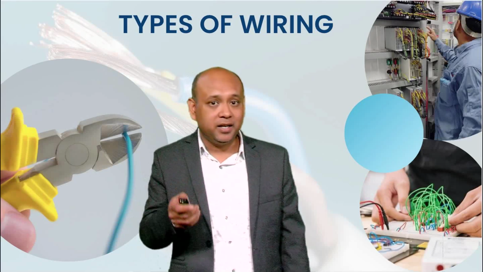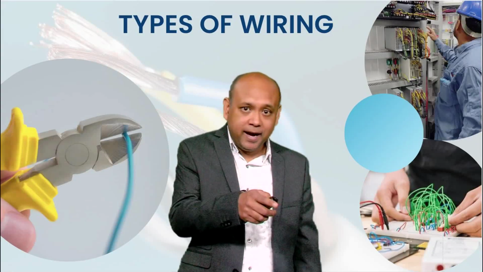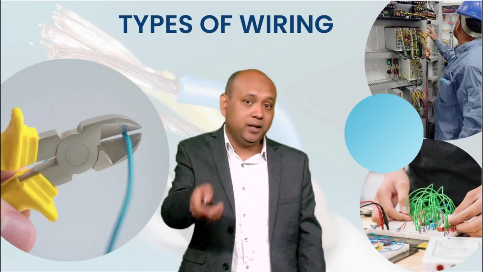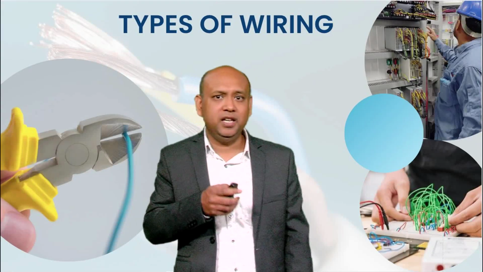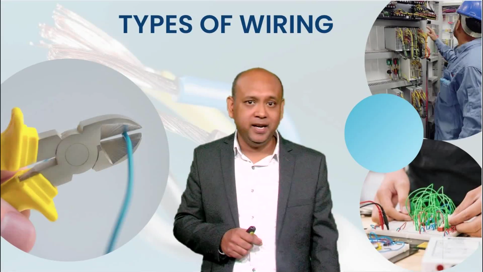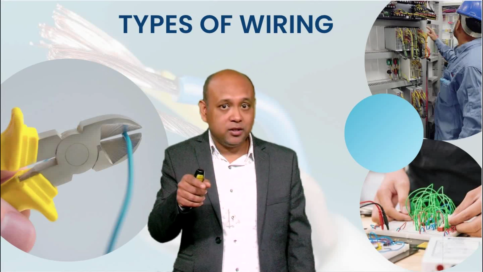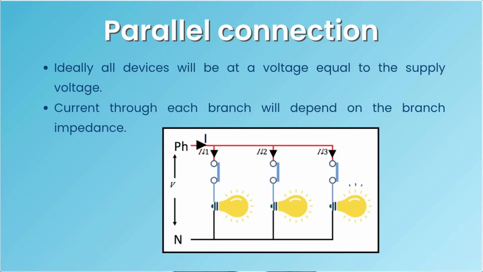In a parallel circuit, the total current is divided among the devices based on their respective impedances. You see, parallel connections are widely used in household wiring and industrial setups. This is primarily because all devices are supplied with the same voltage, each device can be controlled independently, and if one device fails, the rest continue to function normally.